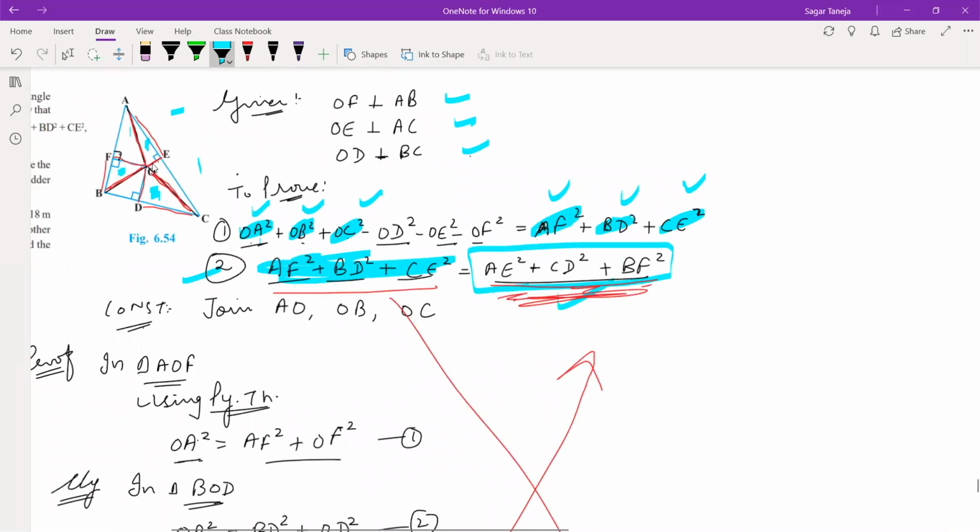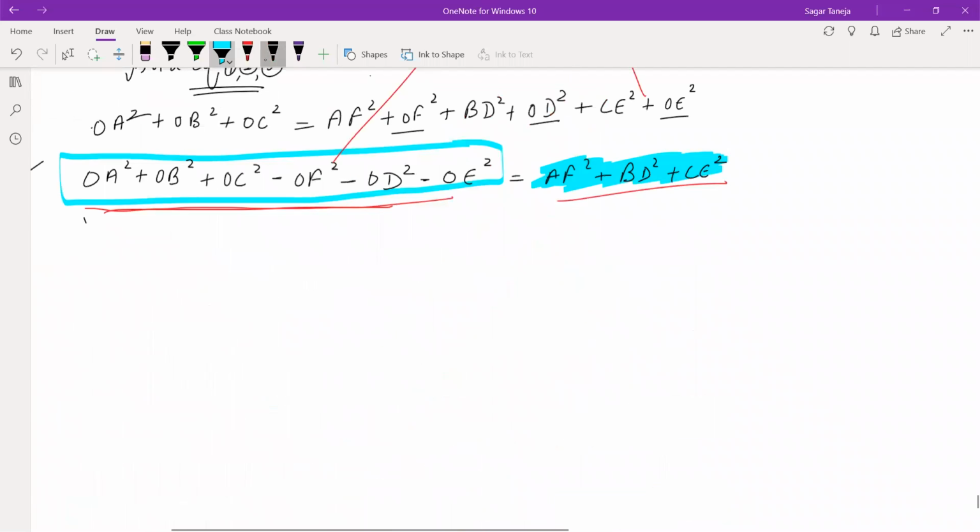See this, AO and OE are together, and here OB and BF are together, and here OF are together, and here CD and OD. Now look here, I am just making an arrangement. OA square, I am writing with OE square because they both belong to one triangle.